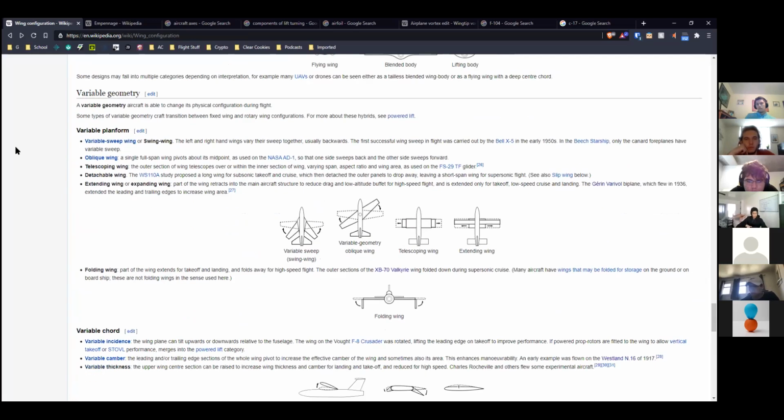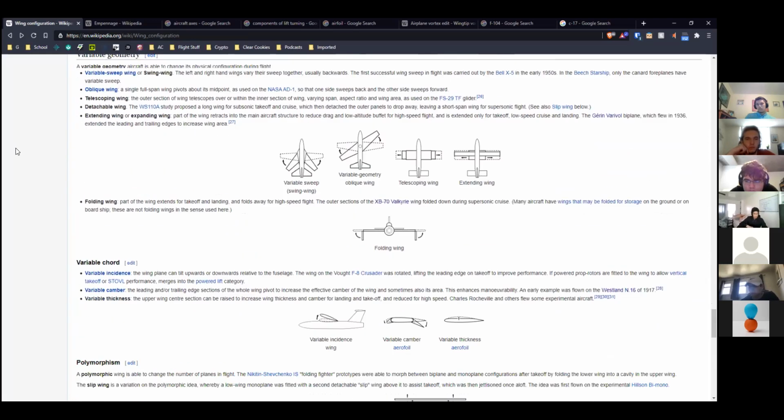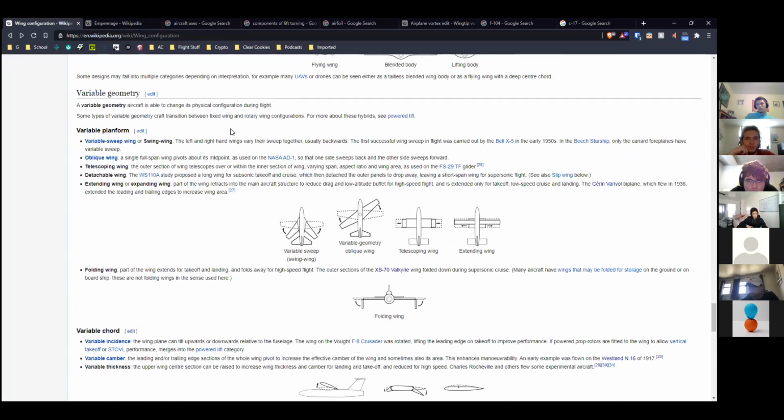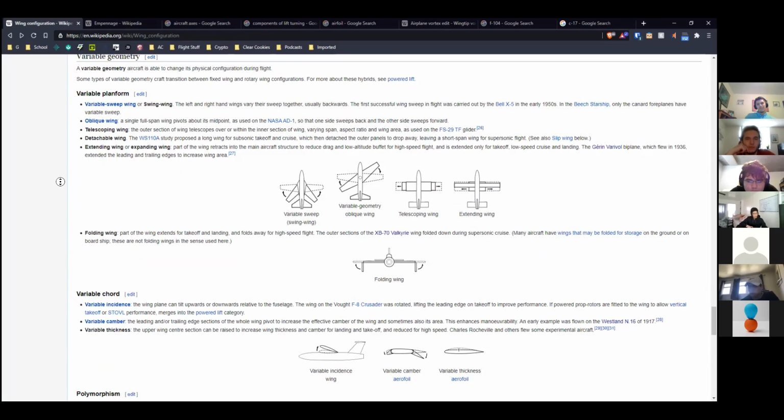Okay, there's a bunch of ways you can vary your wing geometry. Basically, any of the stuff we just defined, you could change in theory, and that would change how it affected your flying characteristics. But the only real reason you would want to change these things in the air is if you really needed a certain performance at one point during the flight and a different performance at another.